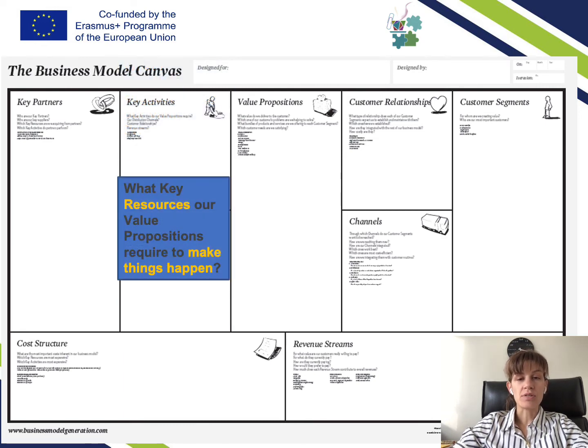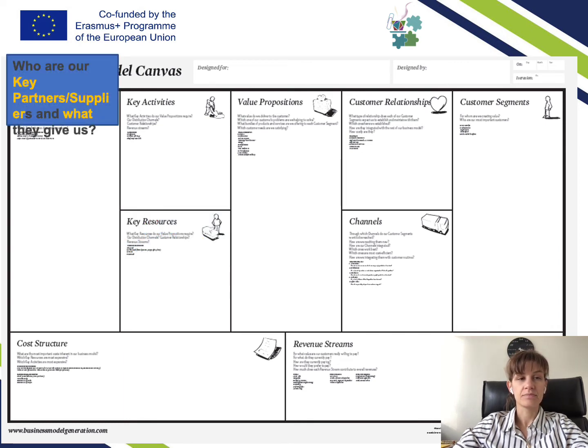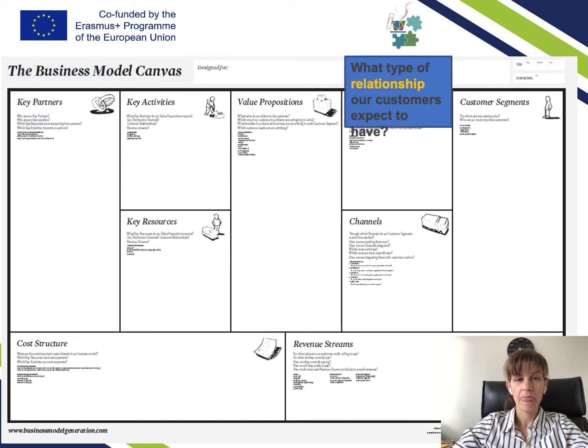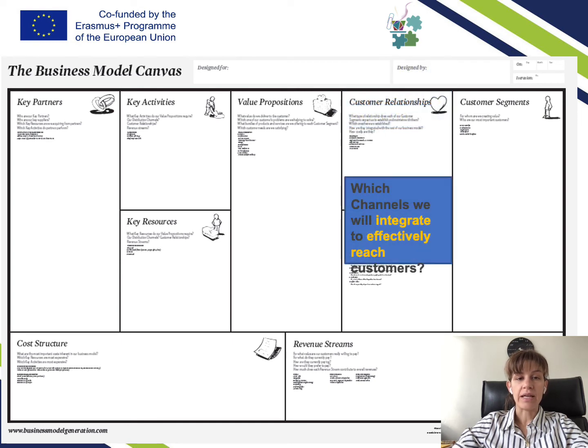What key resources our value proposition requires to make things happen. What type of relationship our customers expect to have. Which channels we will integrate to effectively reach customers.